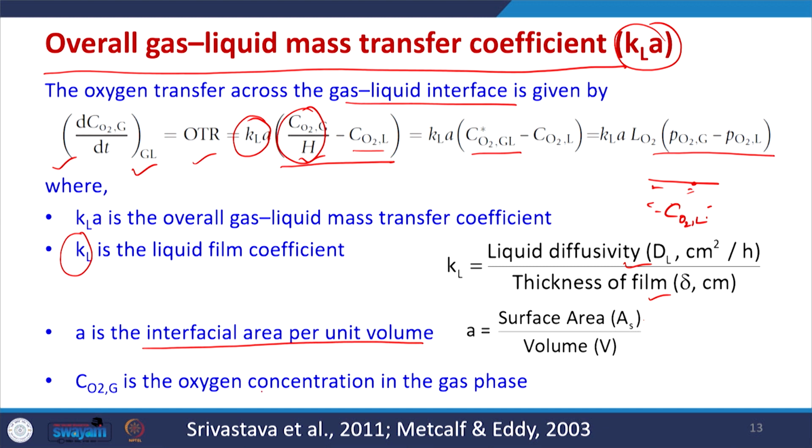COG is the oxygen concentration in the gas phase. Generally this is known, then we try to find out the value of H, then we can find out the concentration at the interface. Similarly, the oxygen concentration in the liquid phase can be found out. Through this we can find out the overall rate of oxygen transfer.